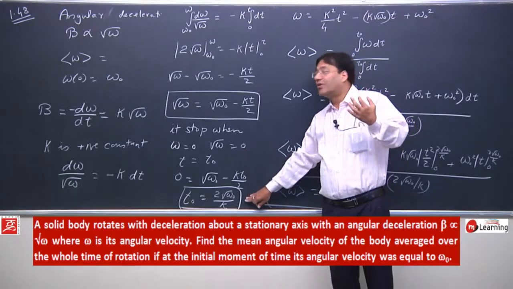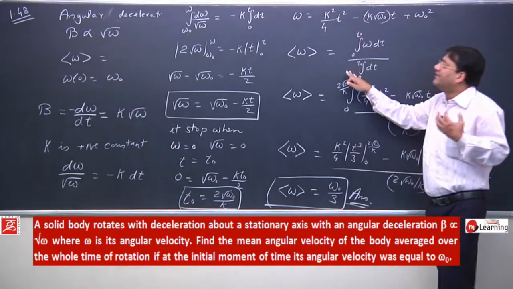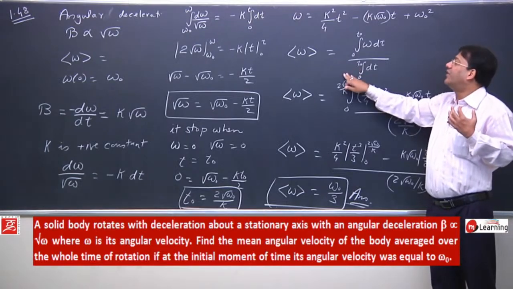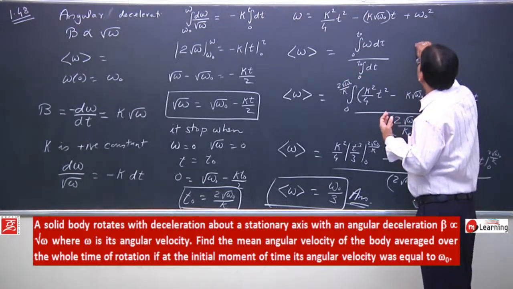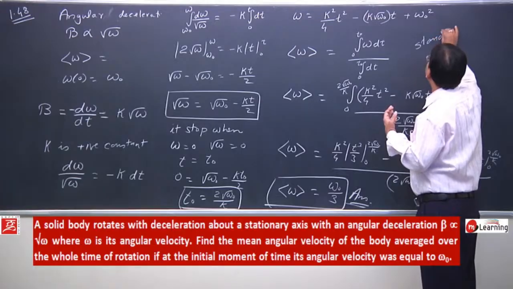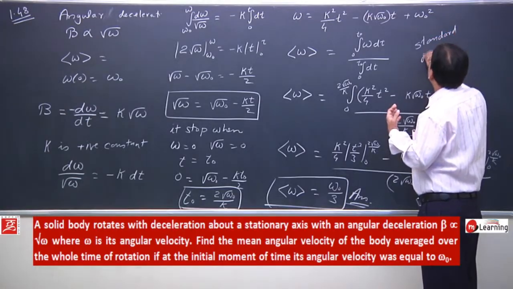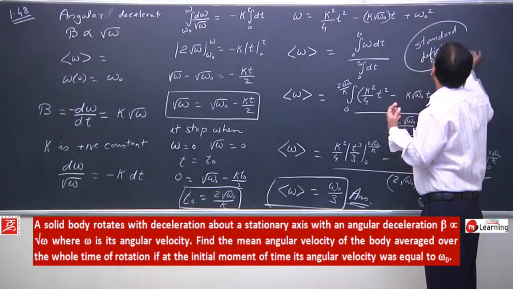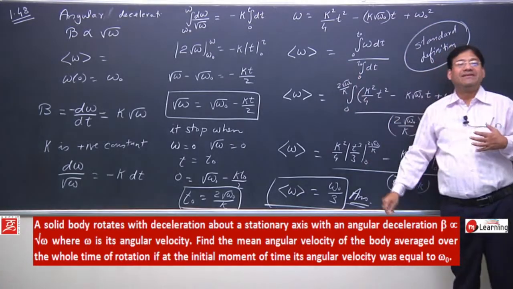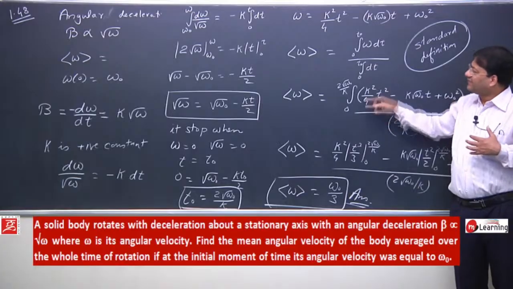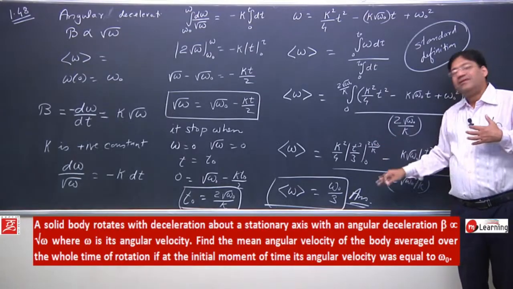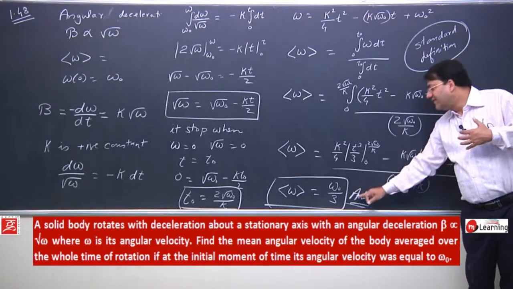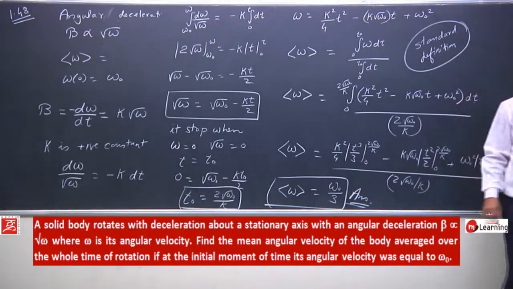We will determine time t naught like this, and then we will apply this definition of mean angular velocity. This is the standard definition of mean of any quantity, mean of angular velocity. Simple integration, definite integration, and then solution. Please note it.